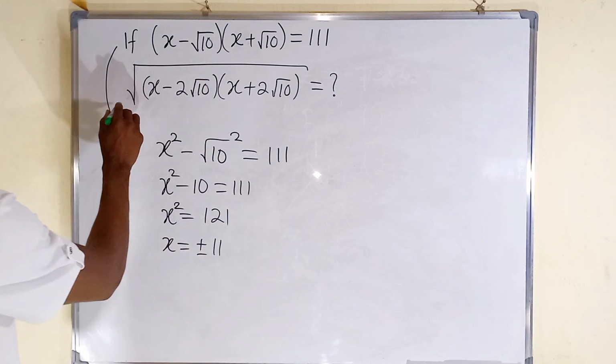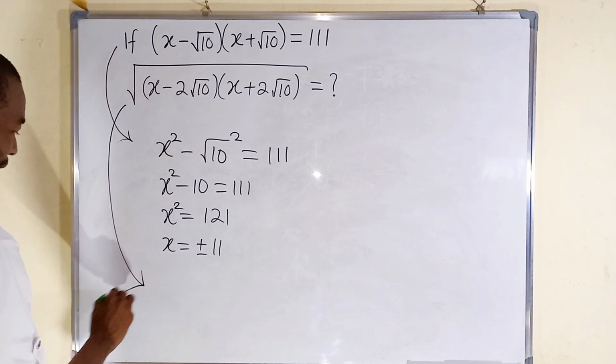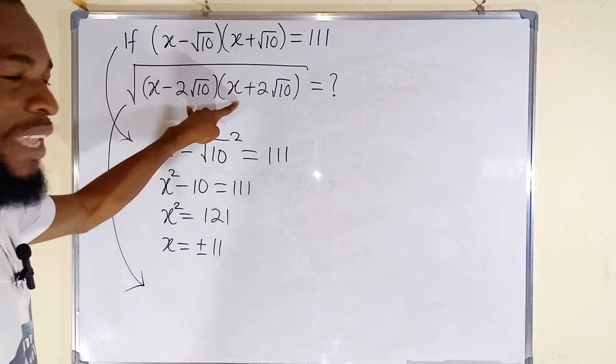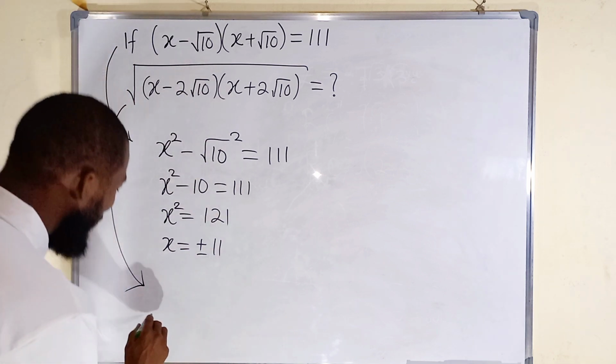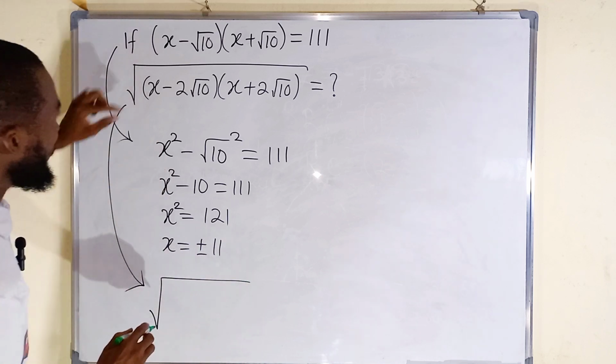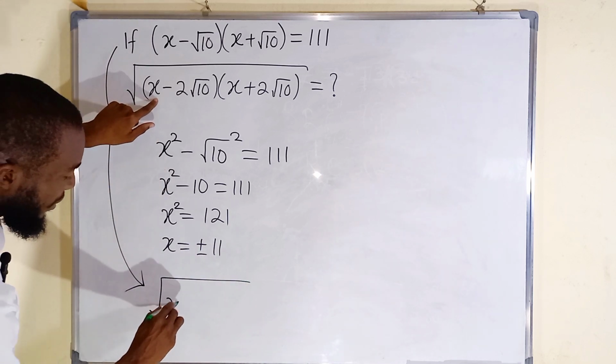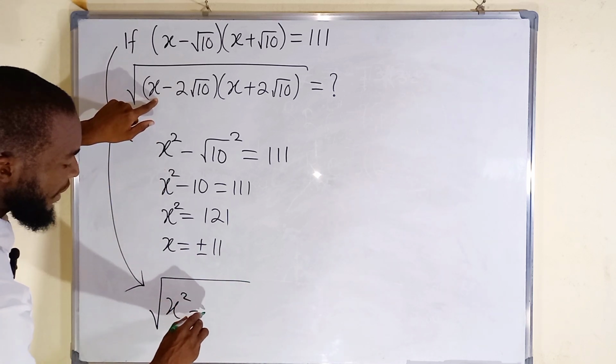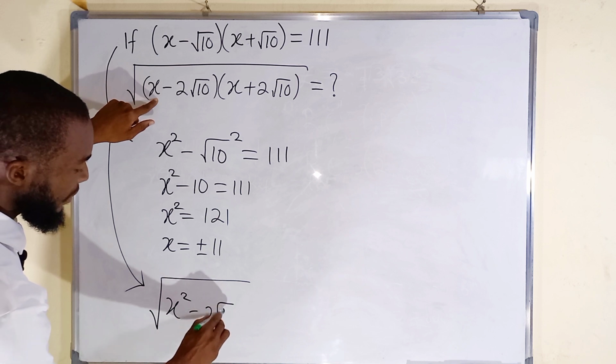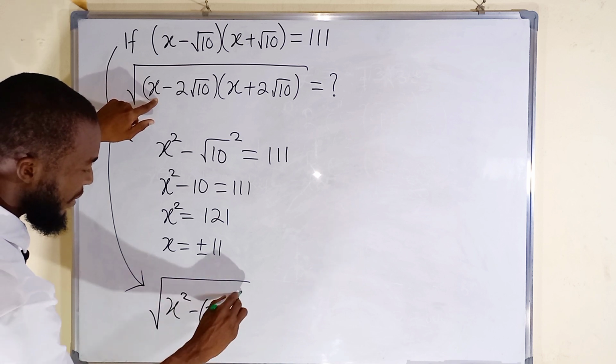And this second expression can be written as, observe, the terms here are also a difference of two squares. So we have the first term squared, then minus the second term also squared.